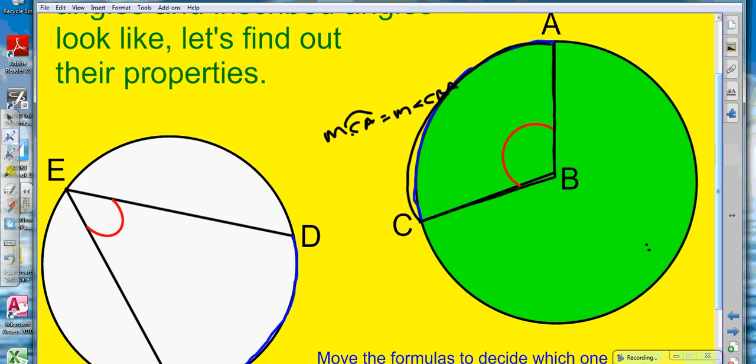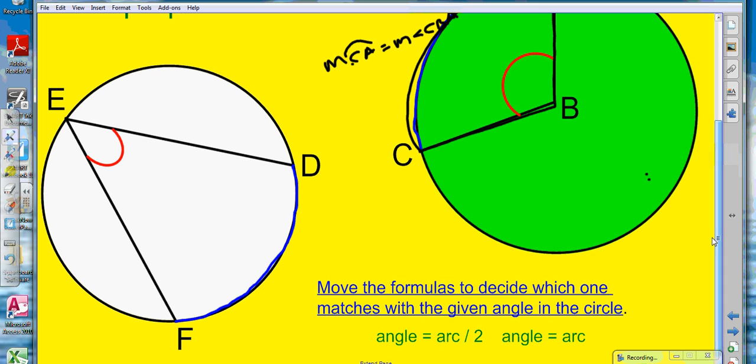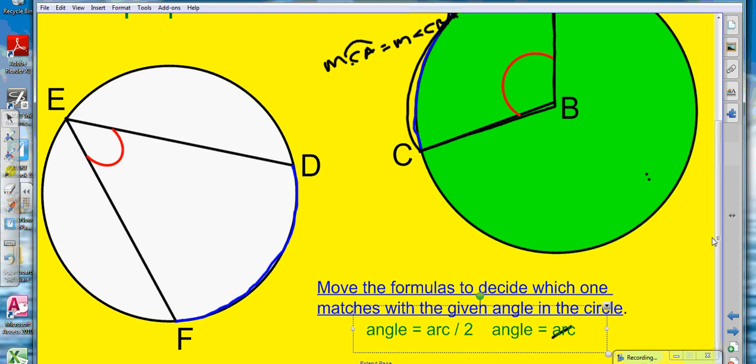We've already decided that. Okay, so looking at the formulas that they give us, we know that the angle equals the arc. Okay, so this part is going for this right here. Angle equals arc is for my central angle.